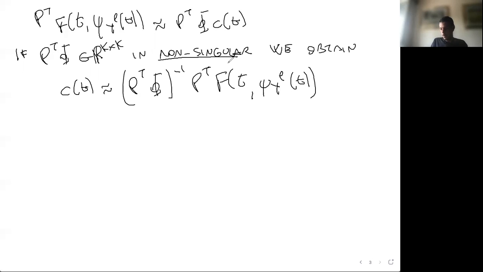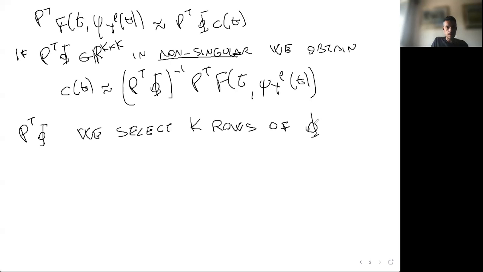What does it mean? What is the meaning of P transpose phi? So this means that we select k rows of phi.